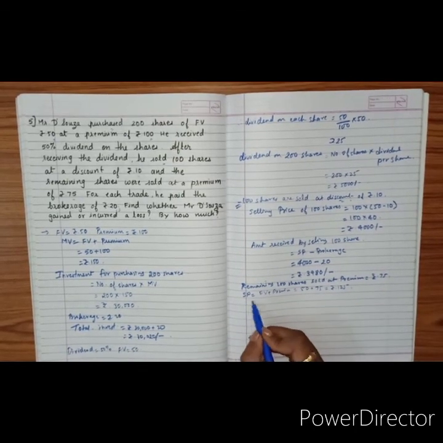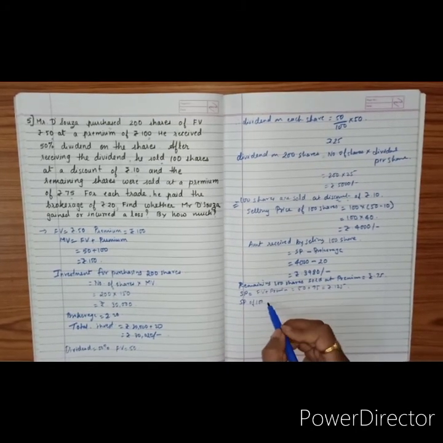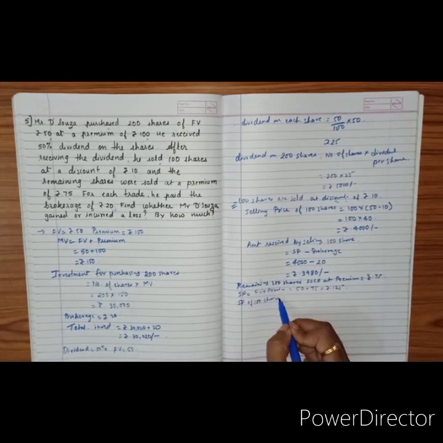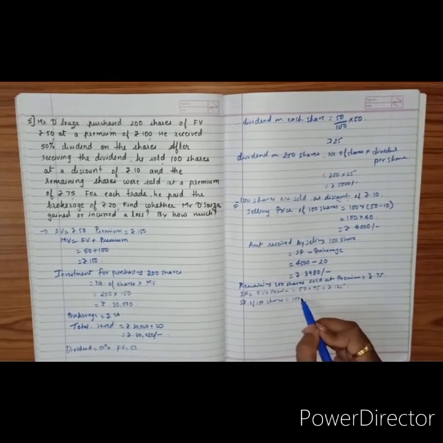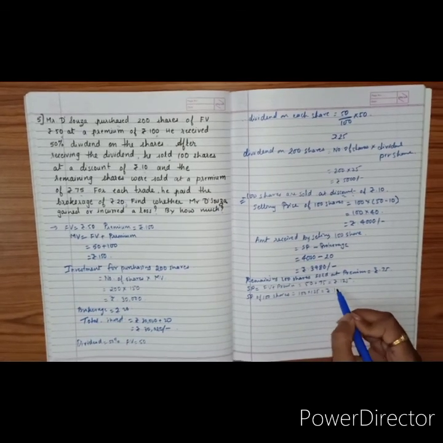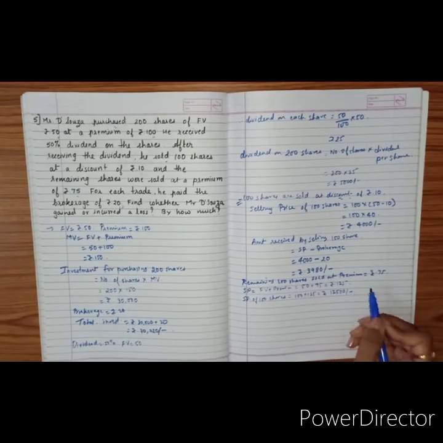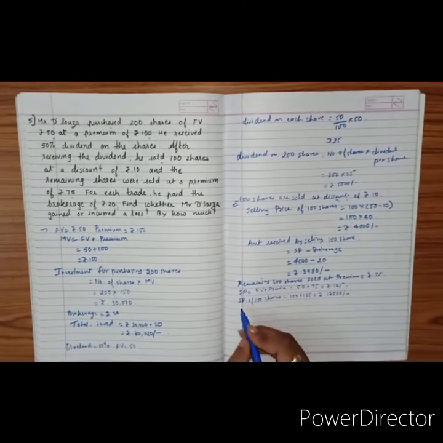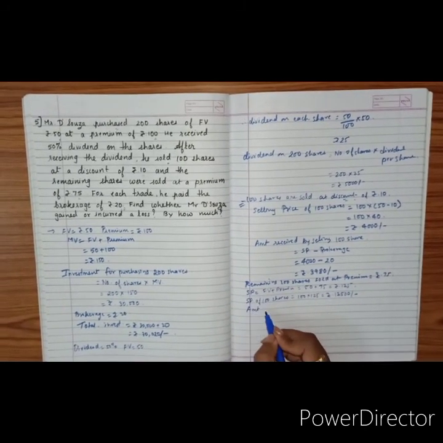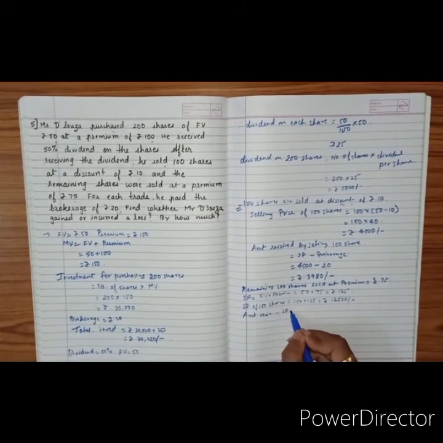Okay, now this is for 1. Now the selling price of the remaining 100 shares: 100 into 125 for 1. So this becomes rupees 12,500. Okay, this is for 100 shares. Now the amount received will be the selling price minus brokerage.